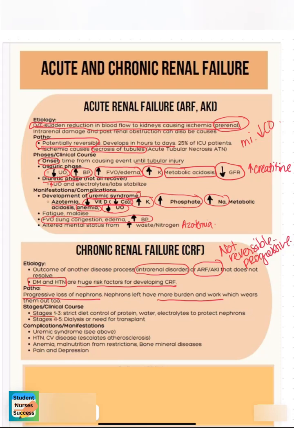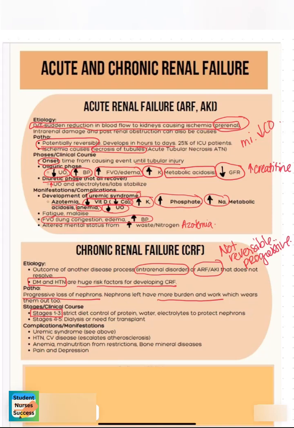In chronic renal failure, there's usually 5 stages. In stages 1 through 3, patients move through worse and worse filtration rates, and so their GFR starts to actually decrease in each of these stages. In stages 1 through 3, the patient is still getting some urine function. So their kidneys are still working. They do not need dialysis.